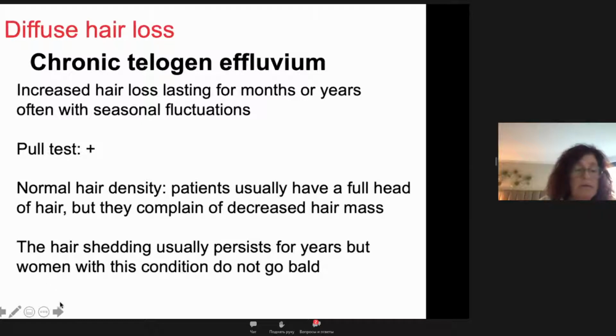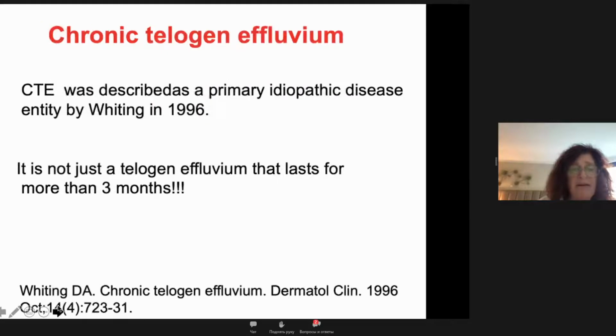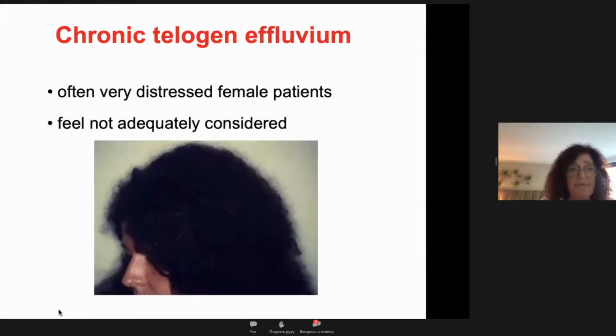And even if the shedding persists for years, they don't develop hair thinning. So what I want you to understand well from this talk is that chronic telogen effluvium is not like chronic urticaria. It's not just a telogen effluvium that lasts for more than 3 months. It's a disease with specific characteristics.